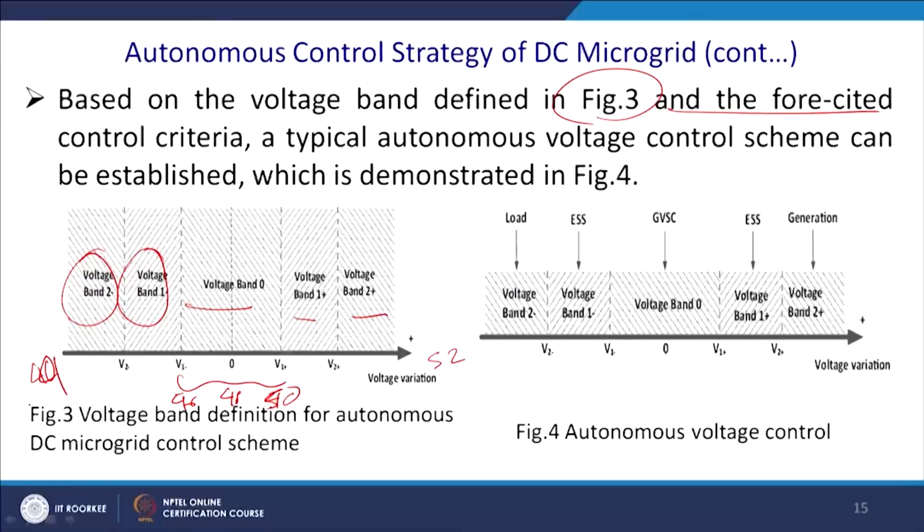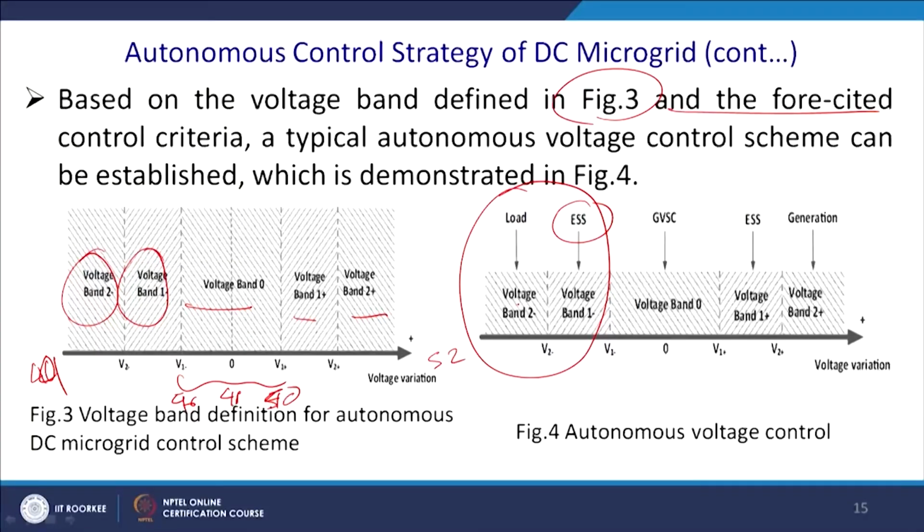So, this is the range. Generally these things happen when solar is not there. So, the ESS and a load have to be fed in the combinations.